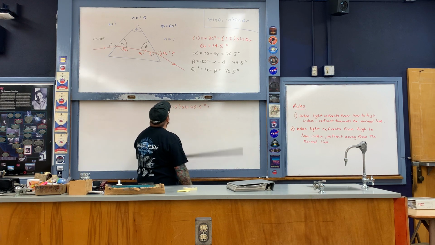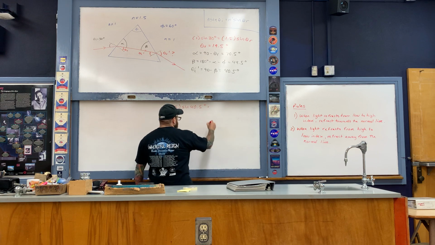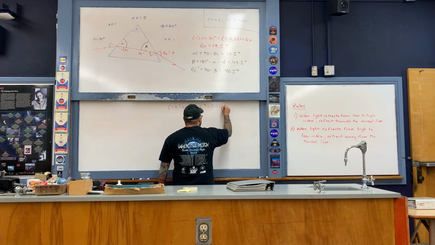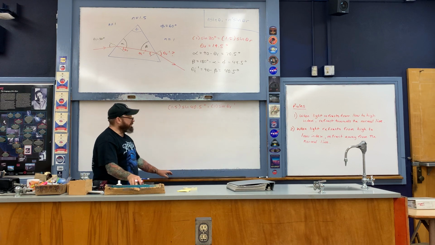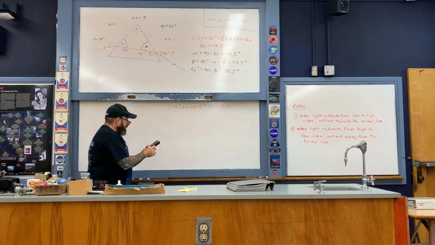This then equals n for the air, which is 1, multiplied by the sine of the final refracted angle, theta refracted prime, and now we just go ahead and solve. So 1.5 times the sine of 40.5, and then inverse sine of all of that.